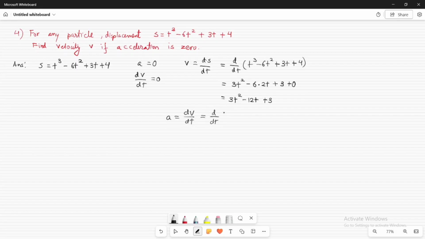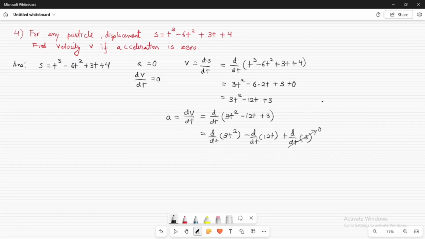Now the condition mentioned is that dv by dt, or acceleration, is equal to 0. So what is the value of dv by dt? d by dt of 3t squared minus 12t plus 3, that means d by dt of 3t squared minus d by dt of 12t plus d by dt of 3.